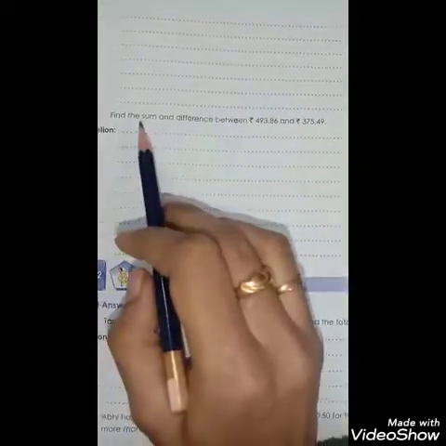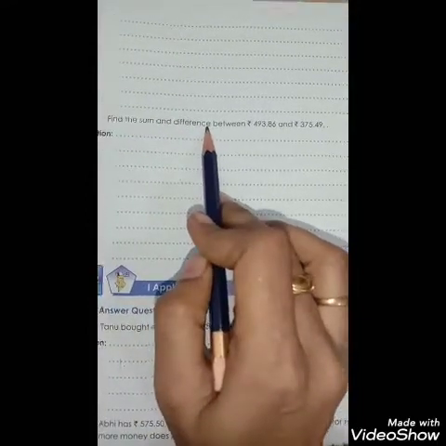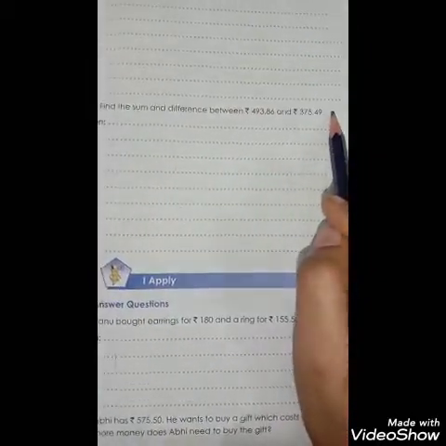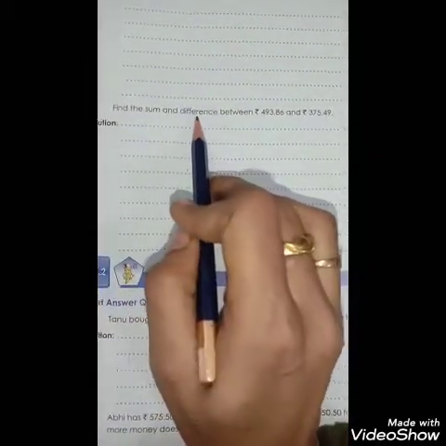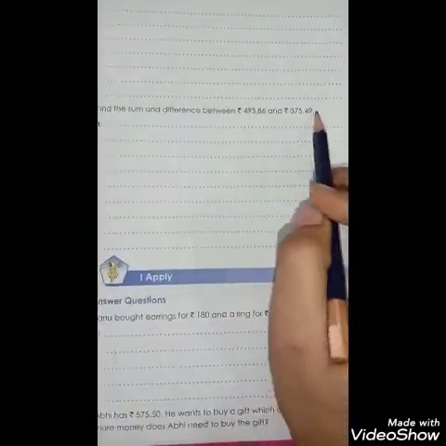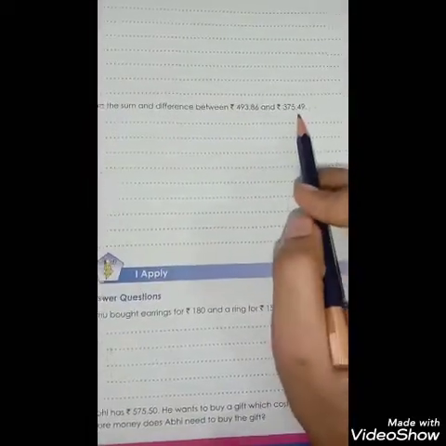So in this question, what do you have to do? Find the sum and difference. That means first we have to find the sum of these two amounts. After that we have to find the difference of these two amounts. That means first we add, then again we subtract these two amounts.